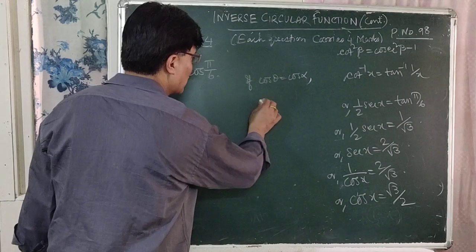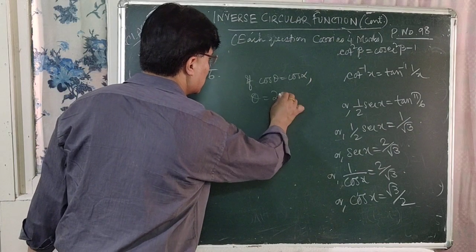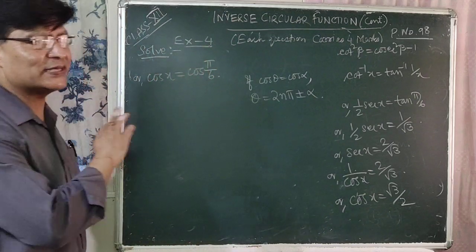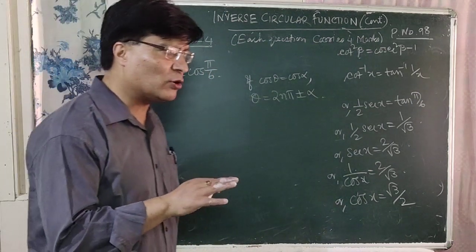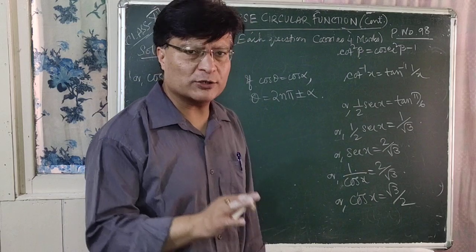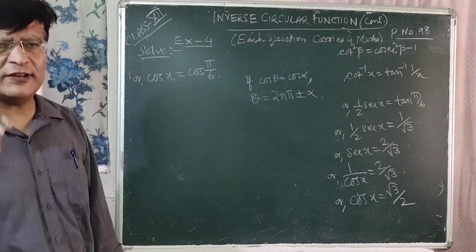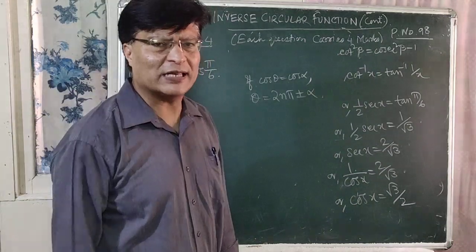If cos theta is equal to cos alpha, then theta is equal to 2n pi plus minus alpha, right? Where n is any integer. It may be 0, plus 1, plus 2, plus 3, etc. It may be minus 1, minus 2, minus 3, etc. It goes up to plus infinity and it goes up to minus infinity.